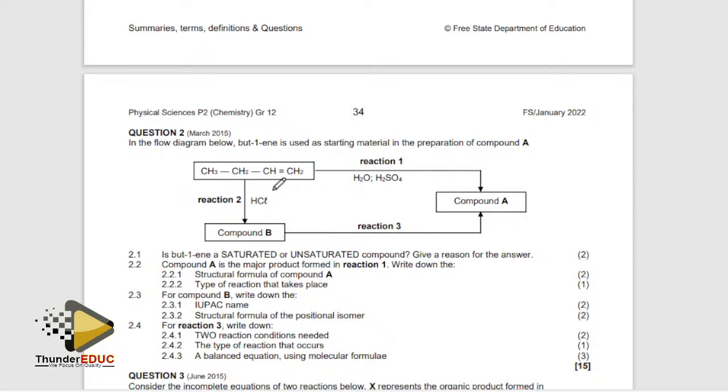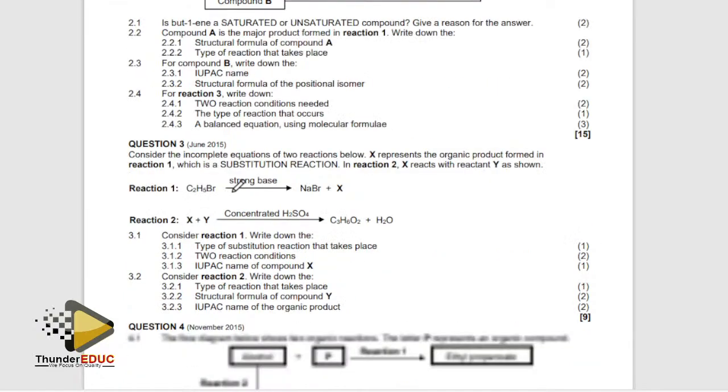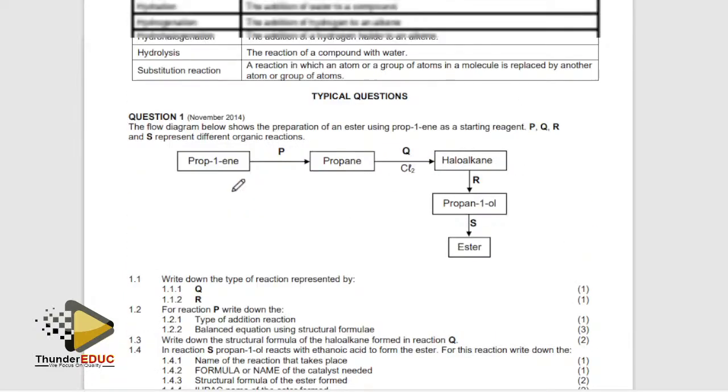Someone asked for a question that involves calculating the empirical formula. Usually they give us the mass and the hydrogen. This is a simple question involving the empirical formula.